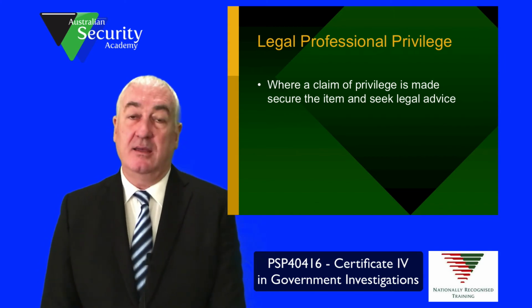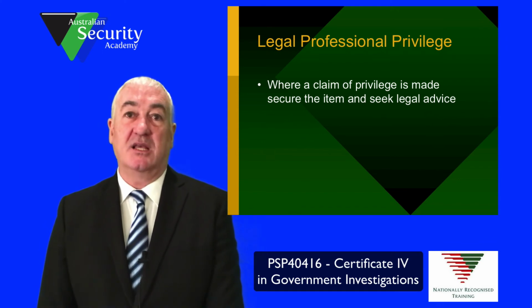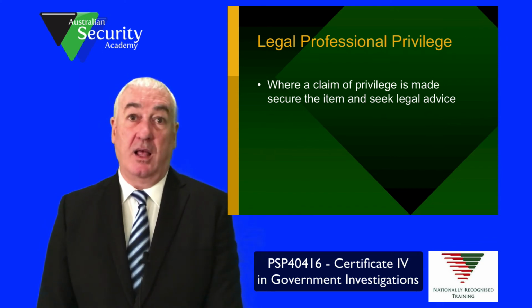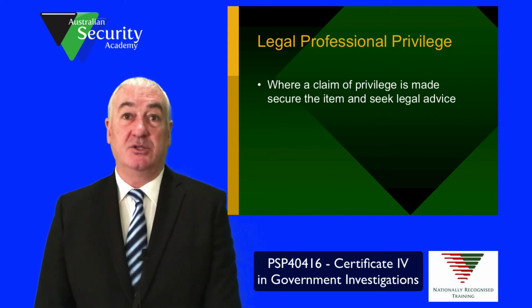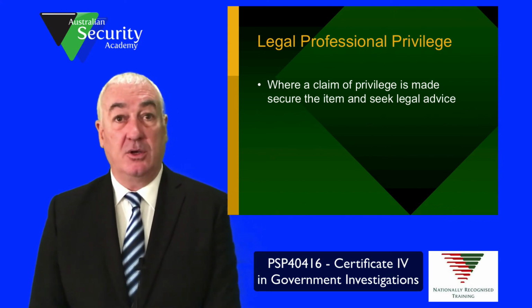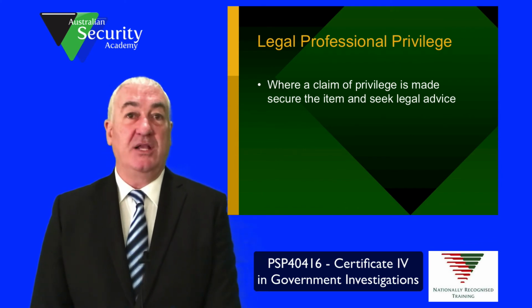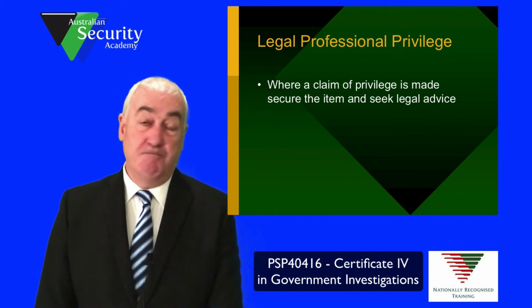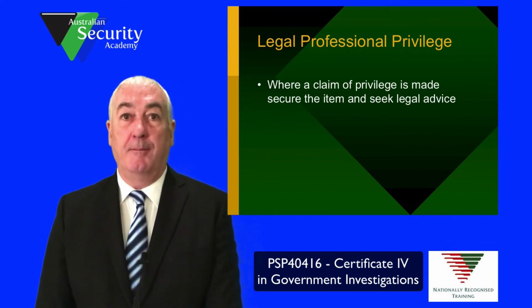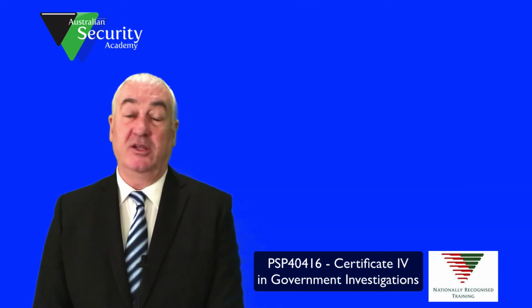As a government investigator, the only thing you need to know is that when someone lays claim for legal professional privilege, it relates to documents only, and you need to contact your organisational legal advisor, and they will arrange for an independent person to come and secure those documents, and then normally you will end up in the court making a decision as to whether it falls within legal professional privilege or not.